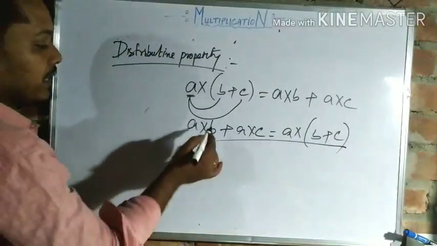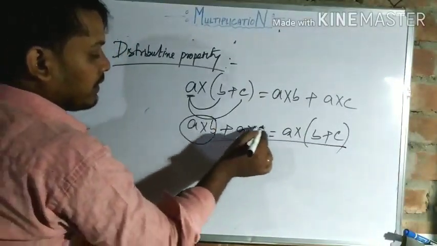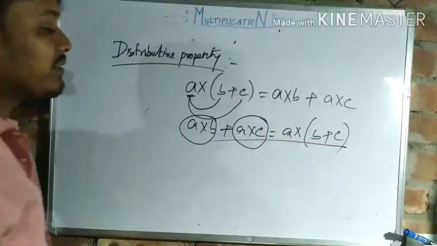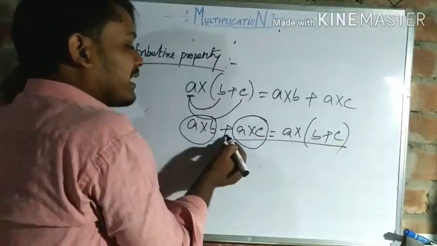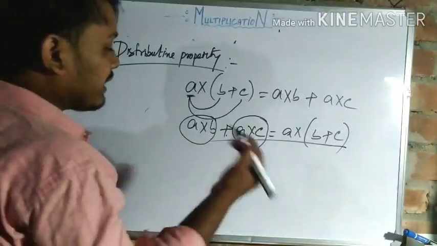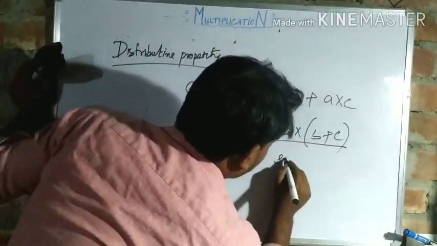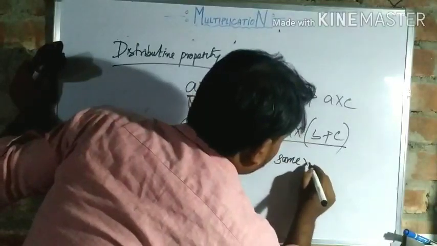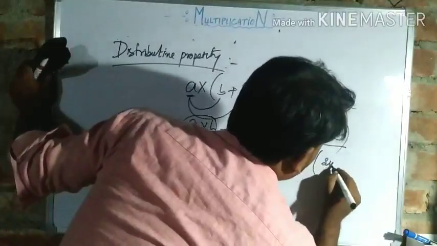That means if any two multiplication terms are connected with plus or minus, then we multiply the same number with the sum of the others.